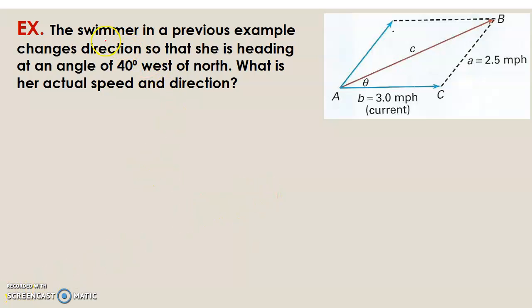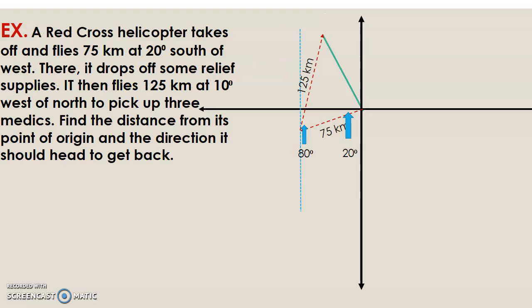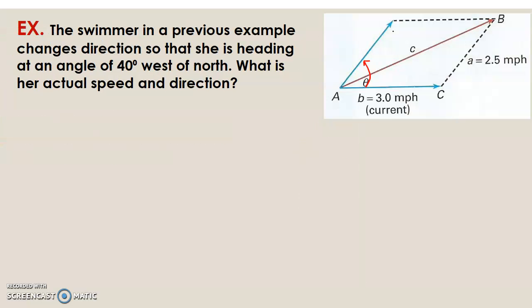Okay, here's the next example. The swimmer in the previous example changes direction so that she is heading at an angle of 40 degrees west of north. Okay, this whole thing right here. I was trying to figure out how to fix this because this is not actually correct up here.